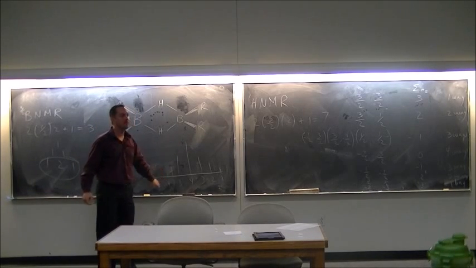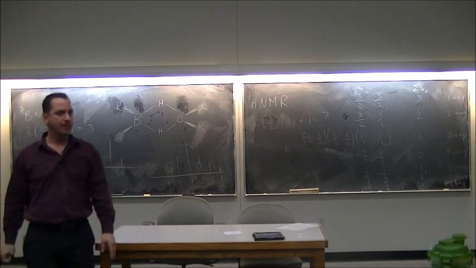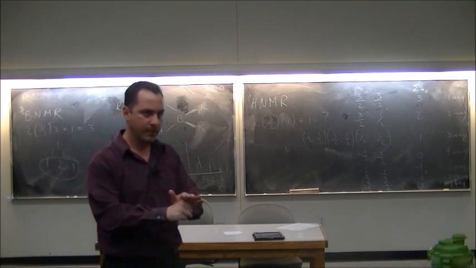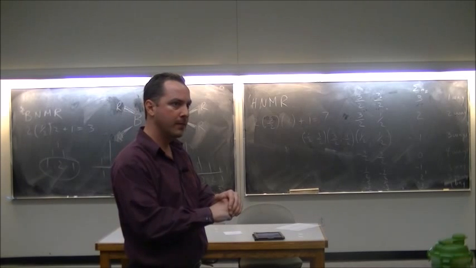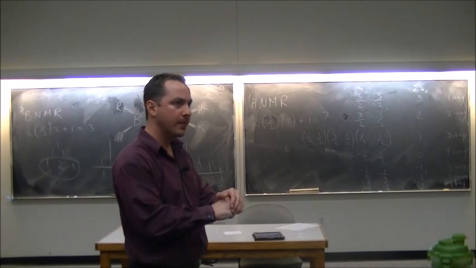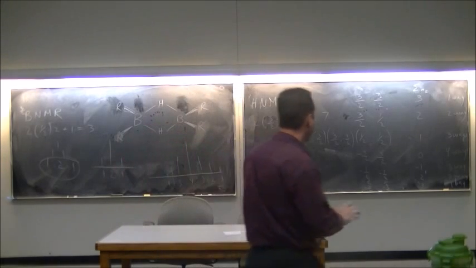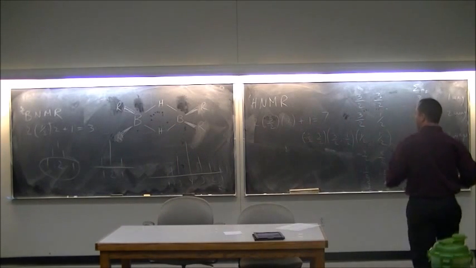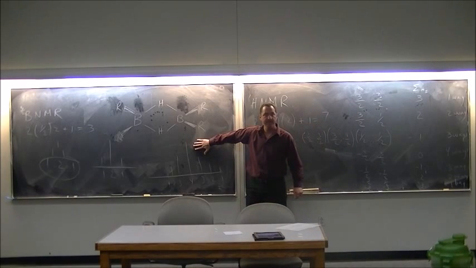And for the energy levels here, is it true that the energy gap between the consecutive energy levels is the same? For example, from the 3 to 2 and from the 2 to 1? No. The energy levels are changing. That's why we have the splitting.